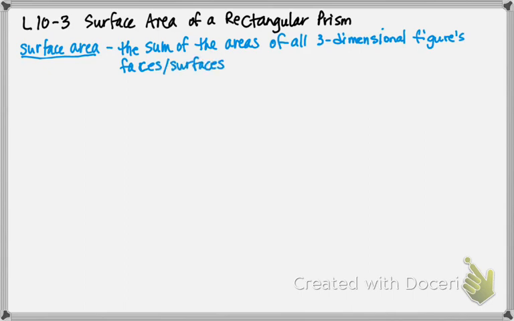So each of the flat parts of our rectangular prism is called a surface, and if we figure out the area of each of them, there we go, okay?